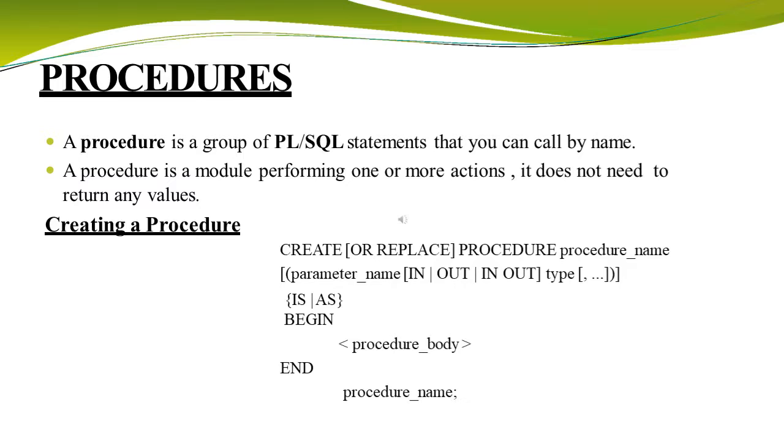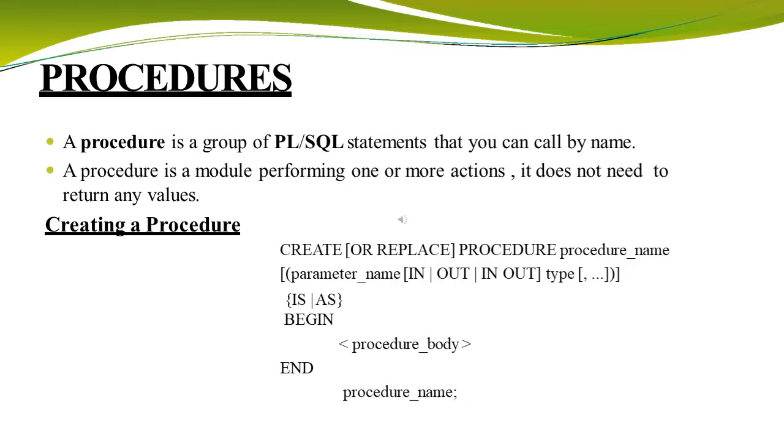The PLSQL subprograms are named PLSQL blocks that can be invoked with a set of parameters. PLSQL provides two kinds of subprograms, and these are the functions and procedure. The functions, these subprograms return a single value, mainly used to compute and return a value.